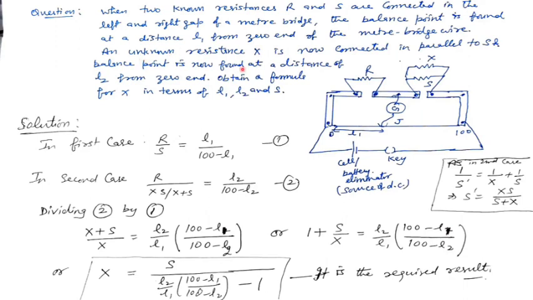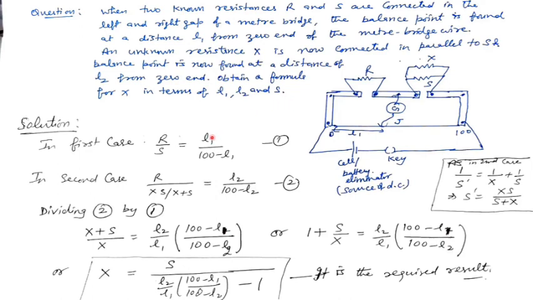An unknown resistance X is now connected in parallel with S, and the balance point is now found at some other distance L2 from the zero end. You have to obtain a formula for X in terms of L1, L2 and S.